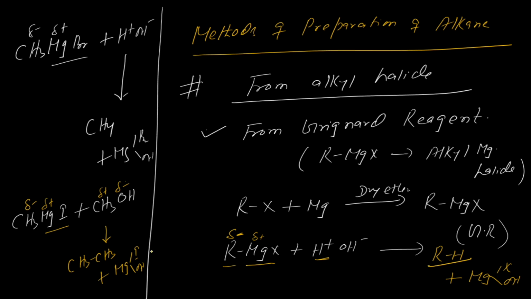So this is the first method of preparation of alkane from alkyl halide, that's from Grignard reagent. Now we'll move to the next one. Next one is a name reaction, that's the Wurtz reaction. So what about the Wurtz reaction?